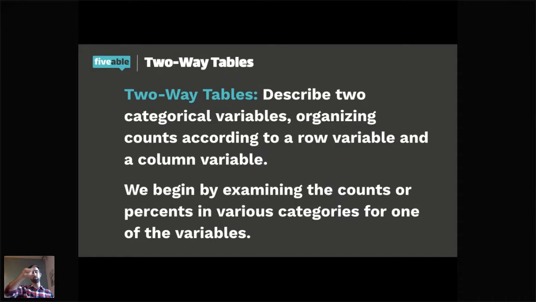So we really start by analyzing one of the variables. Remember, we have two. So we start by analyzing one, and then we do the other, and then we can do both at the same time. So two-way tables are a great way to see relationships among two categorical data sets. And we'll do some practice problems in a minute to show how we actually get those values.